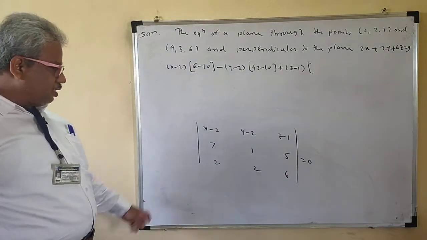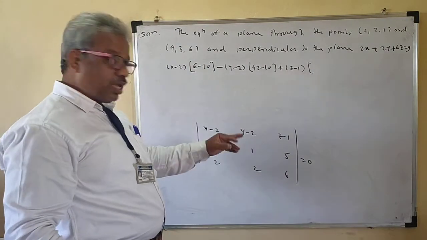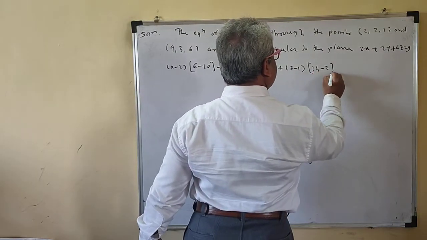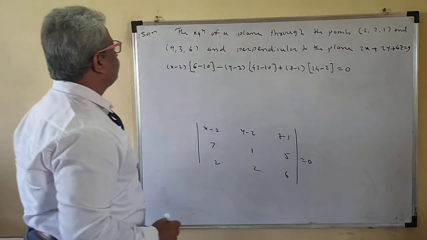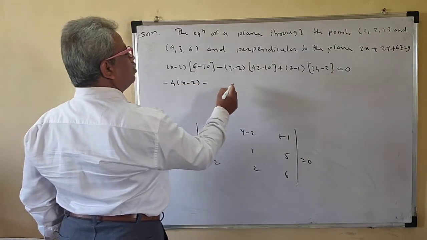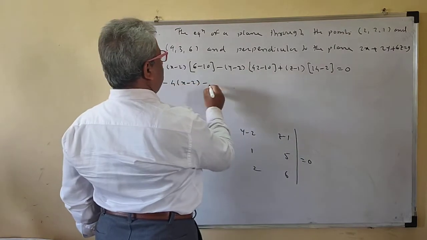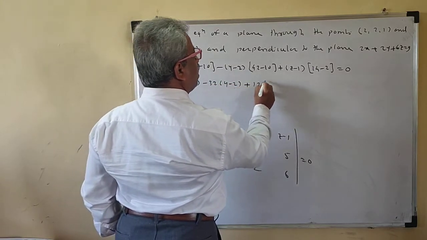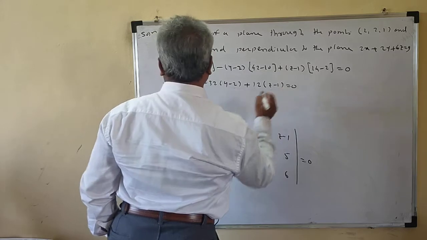You can check your answer; I will tell you how to check it. This gives −4(x − 2) − 32(y − 2) + 12(z − 1) = 0.